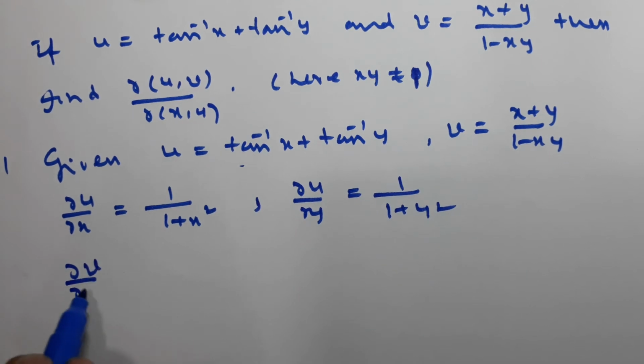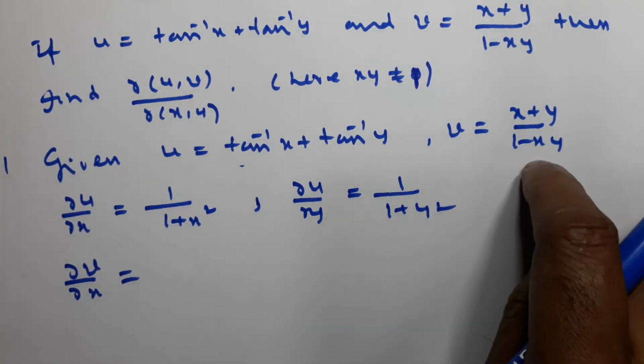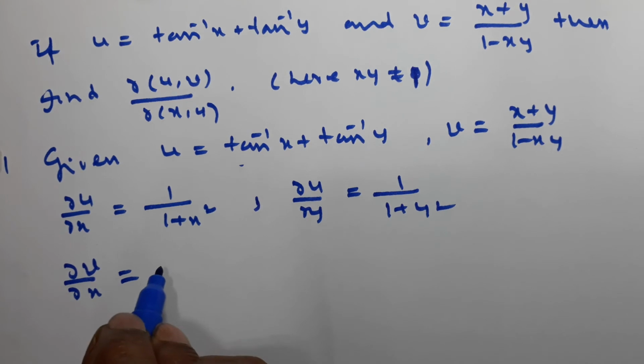So dou v by dou x is equal to, in all these x is there, then the numerator and denominator, so it is by the u by v method.